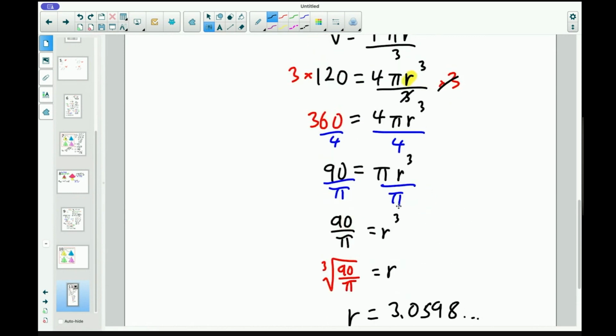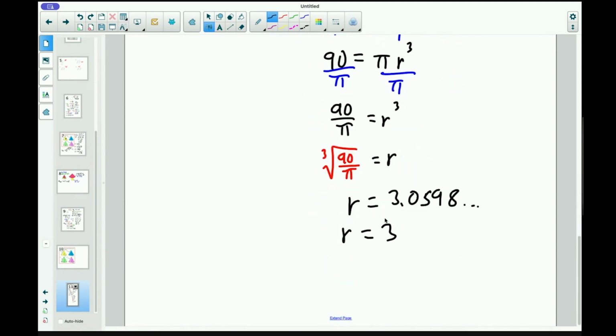What did we have for units here? 3 centimeters. And I'll say this is one significant figure. Okay. Just to change things up a little bit. All right. So that's an example of how we can make a sphere question a little bit harder.